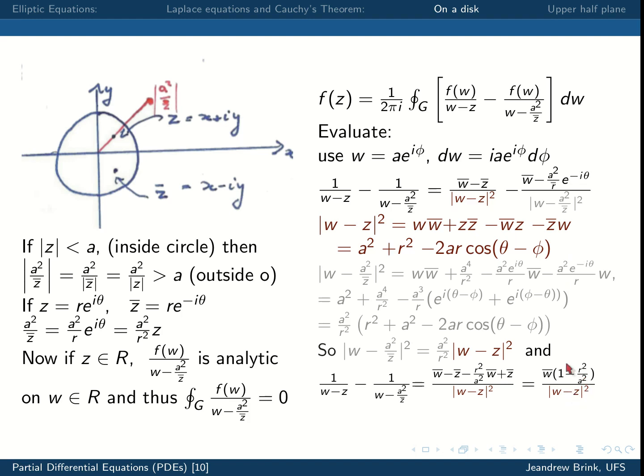Okay, so we've now simplified this complicated sum of two complex fractions that appears in this integral, and we've in fact got an expression for f of z, where z is a complex number inside the domain of the circle, basically inside the disk, which is equal to this integral of something on the boundary. And we're just going to write this out now using this expression for the complex manipulations, and it's going to become apparent why we actually made this choice.